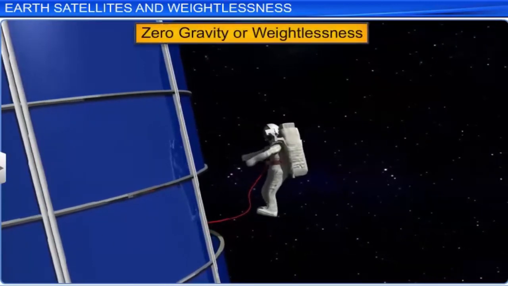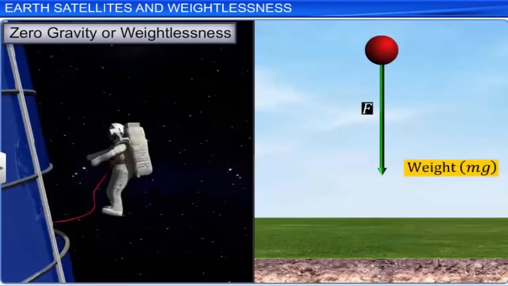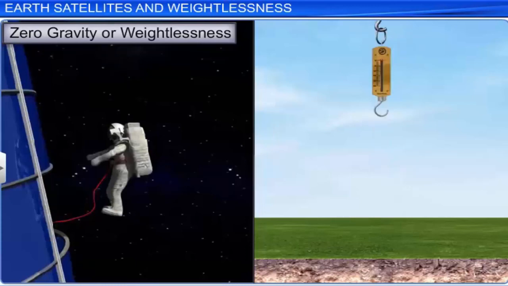The weight of a body is the force experienced by the body due to the gravitational pull of the Earth. A spring balance that measures the weight of a body works on the principle of extension of the spring under the action of the weight of the body attached to the balance, which is fixed to a rigid support.